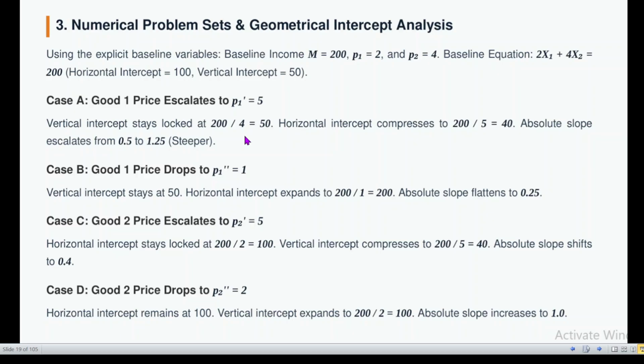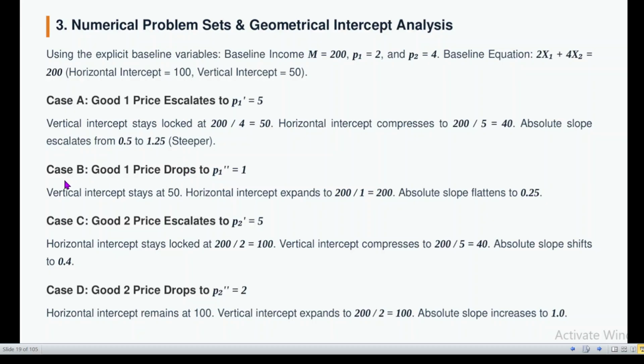But the horizontal intercept compresses to 200 divided by 5, which is equal to 40. The absolute slope escalates from 0.5 to 1.25, which is steeper. The slope is steeper.